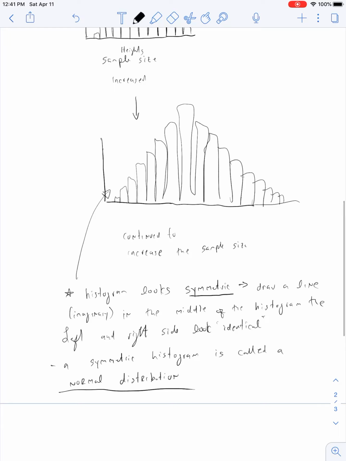So that's what we see here. When we are doing research and we have a histogram with a lot of bars and the left side looks identical to the right side, we can call that a normal distribution.